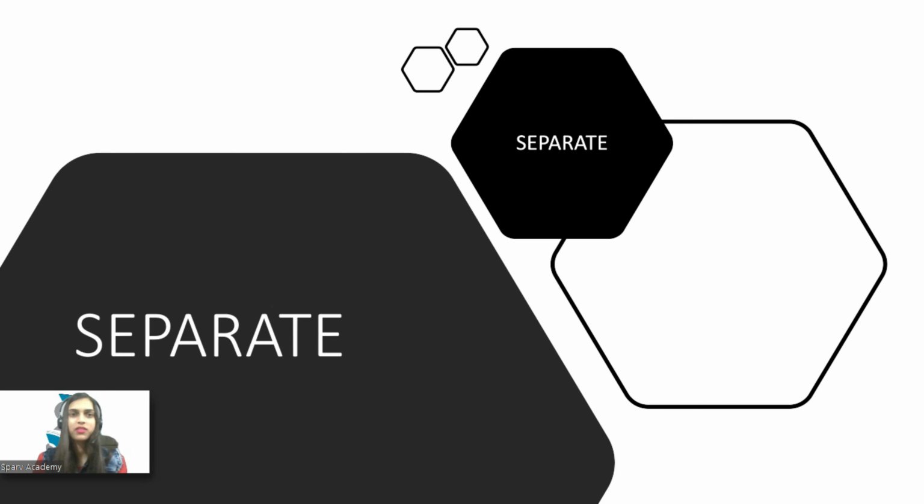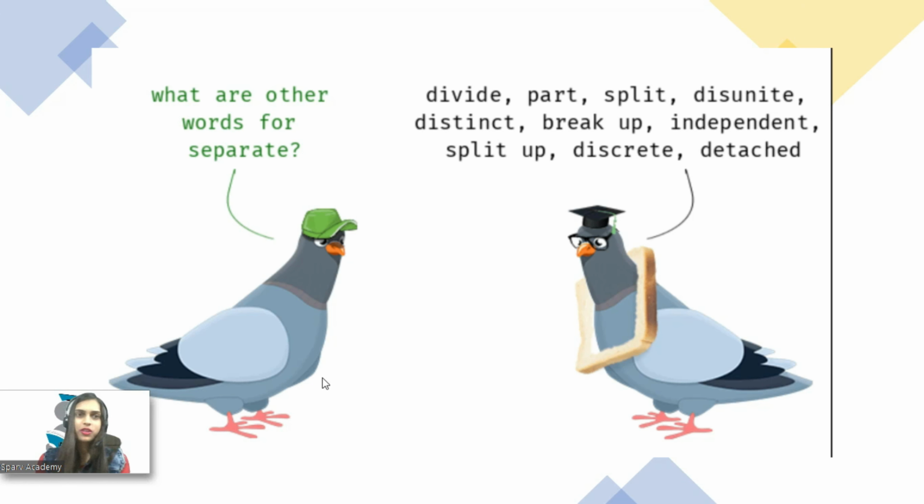Okay, great. So here we see the synonyms for separate: divide. No, divide will not work. Part. Okay, the one word which starts with the letter P is part, and then split, disunity, distinguish, distinct, break up, independent, split up, discrete, detach.